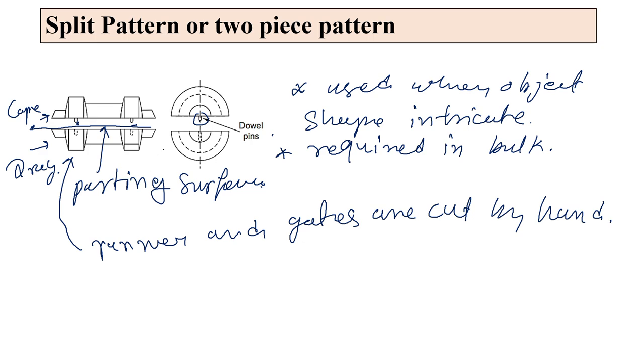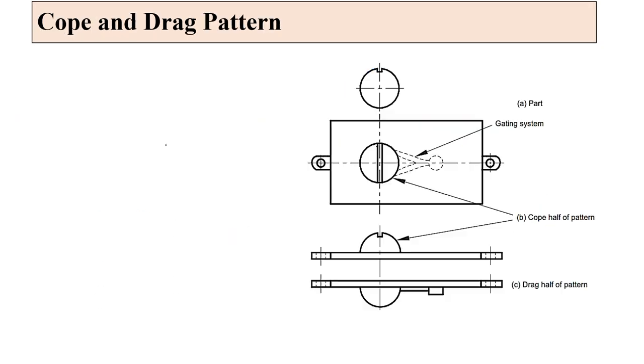So the next pattern is the cope and drag pattern. Here you can see one part is the cope and the second part is the drag. This is the cope part, and this is the drag part, and here they are also attached by the alignment pins.